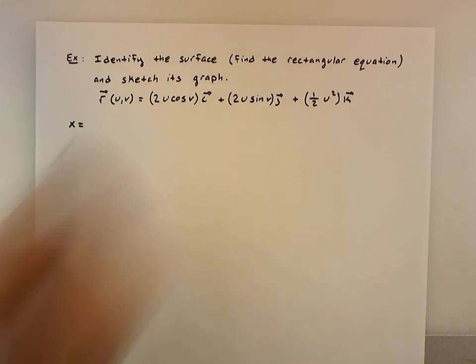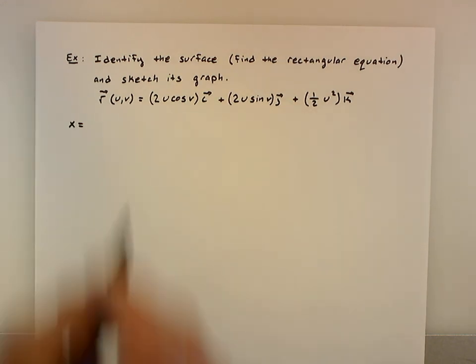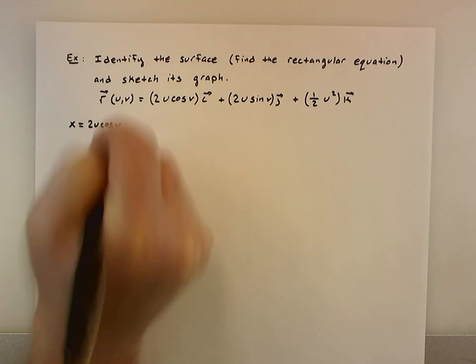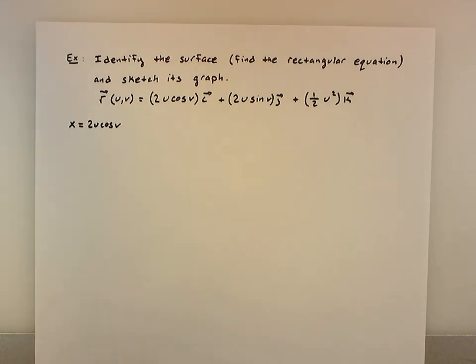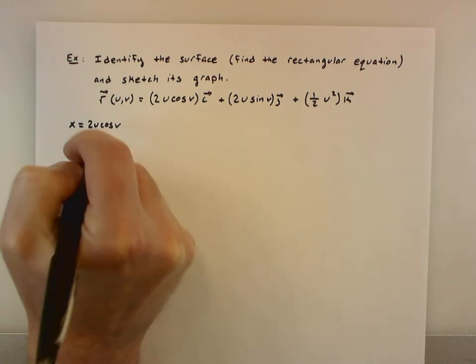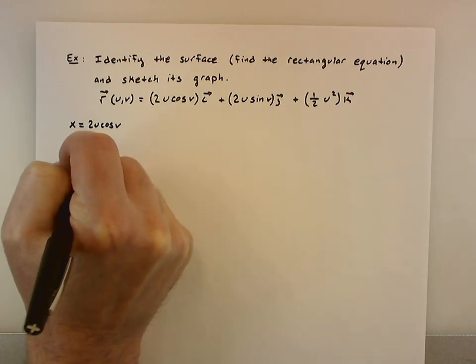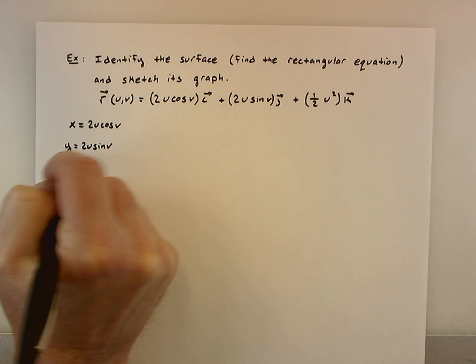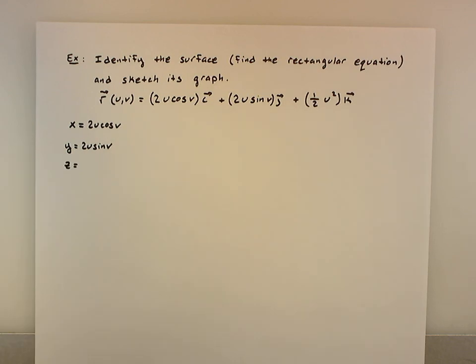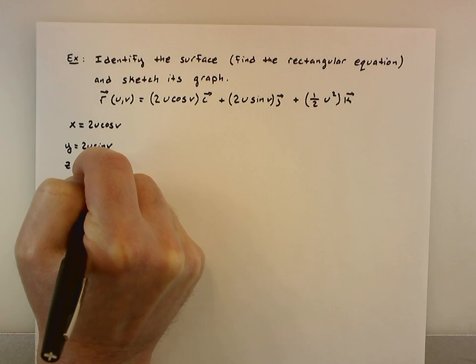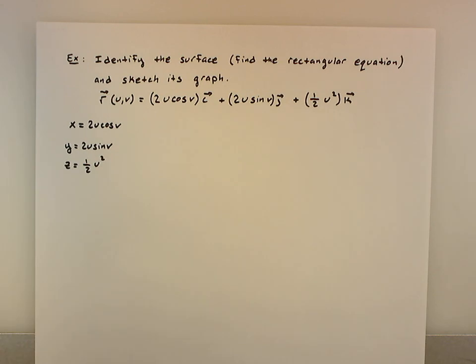So x is equal to 2u cosine v, y is equal to 2u sine v, and z is equal to 1/2 u squared.